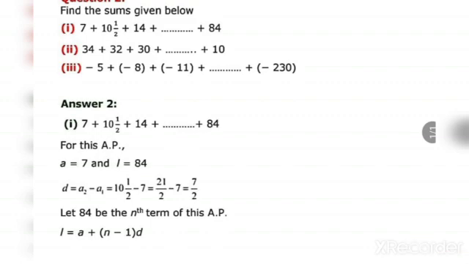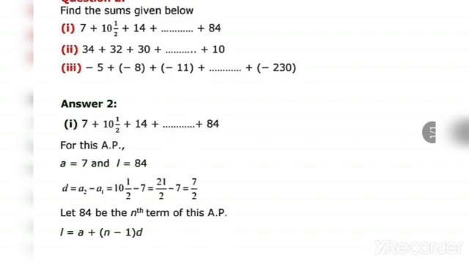This is a new method, so concentrate properly. A is equal to 7, L is equal to 84. Here A is the first term and L is the last term. I just repeat, A is the first term and L is the last term. So first term A is equal to 7 and last term L is equal to 84 over here.